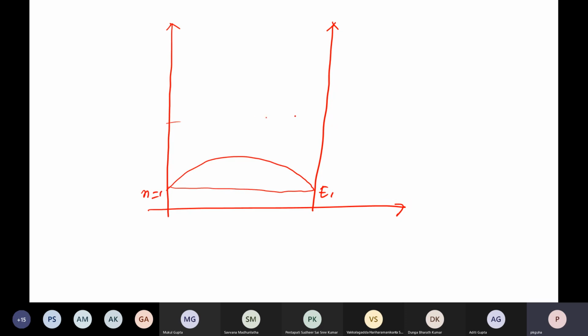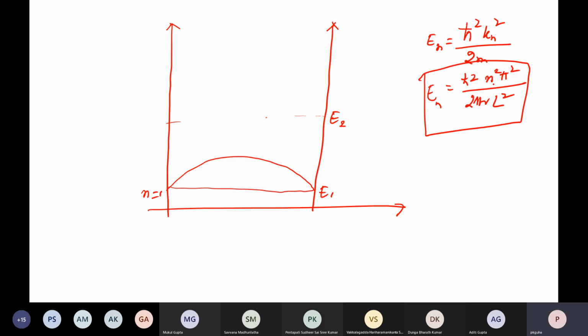For n equal to 2, you will have higher energy, right? Because you remember, energy is also quantized, and the formula for energy is h-bar squared k_n squared by 2m, right? And k_n squared is n squared pi squared over L squared, so this is your energy.